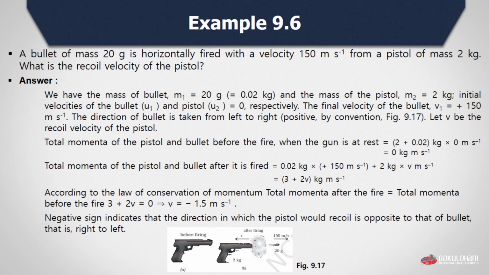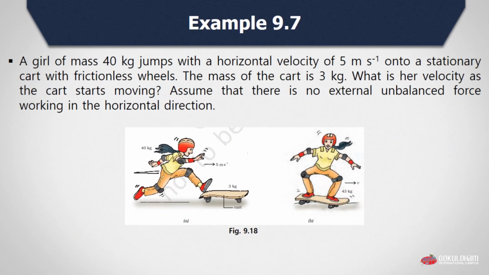Now 2 is in multiplication with V, so when we put 2 on the right hand side, we get V equals minus 3 by 2, and we get our answer of recoil velocity of the pistol, V equals minus 1.5 meter per second. The negative sign indicates that the direction in which the pistol recoiled is opposite to that of the bullet, that is, right to left.